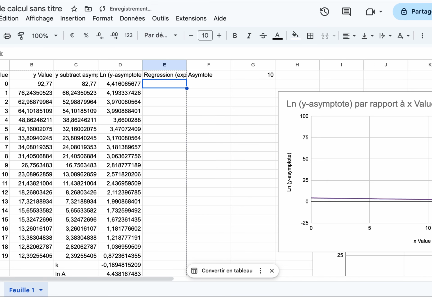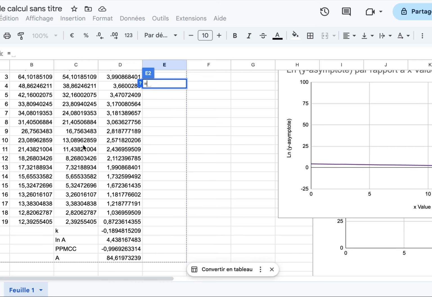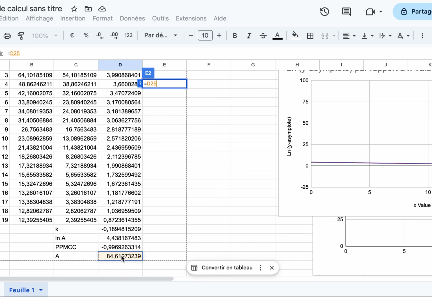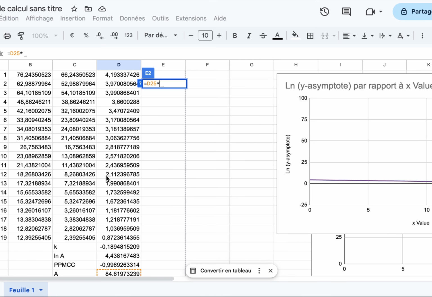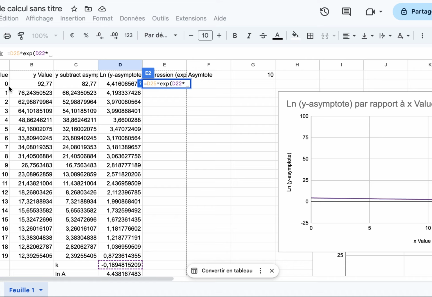So now I can do equals A, so it's this, times, which is asterisk, e to the power of k times x, the x value is here, close my exponential, and plus my asymptote.